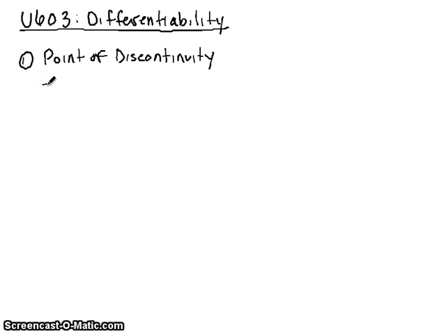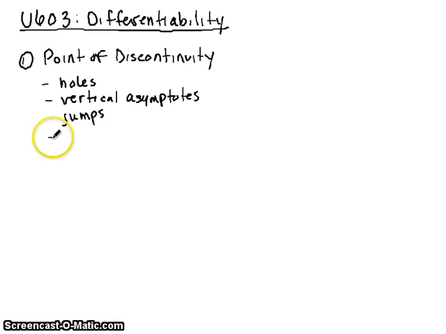So we can say that these were holes, vertical asymptotes, jumps, and oscillating function.